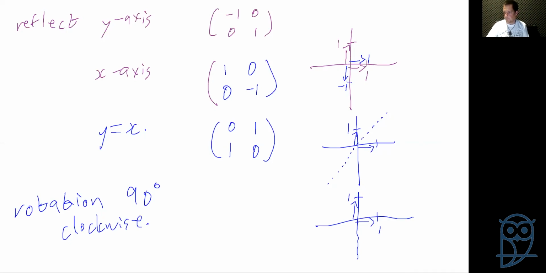So that means that this vector is going around and is going to go to there. And this vector is going around and is going to go to there. So how are we going to write this? Well, this vector is the one we mentioned first. And this one is therefore going to become a 0, minus 1. And this one, we're going to go down to there, and that becomes a 1, 0.